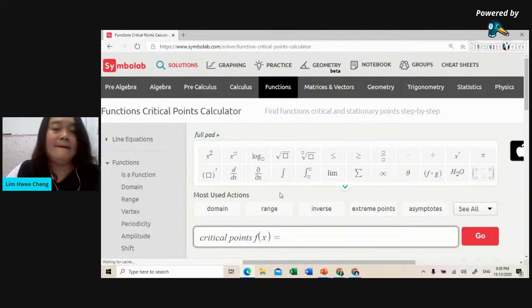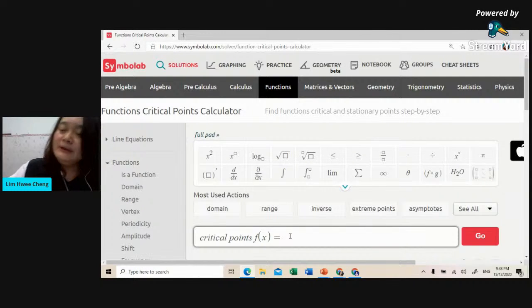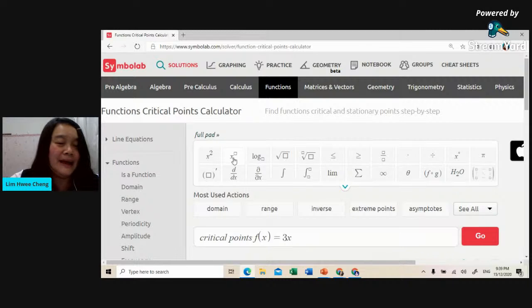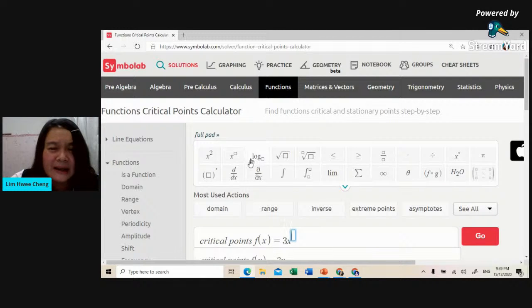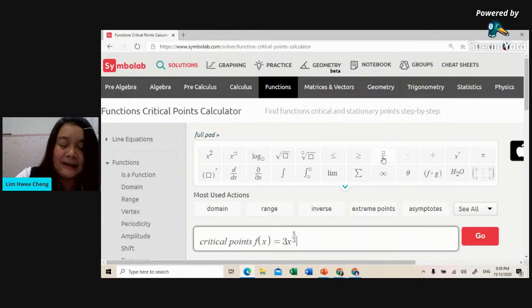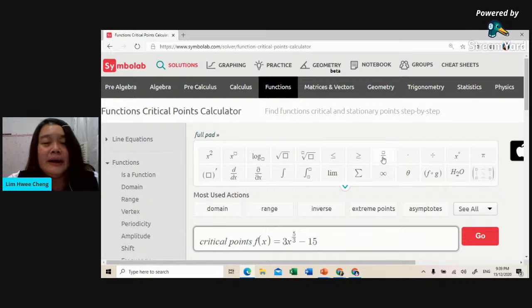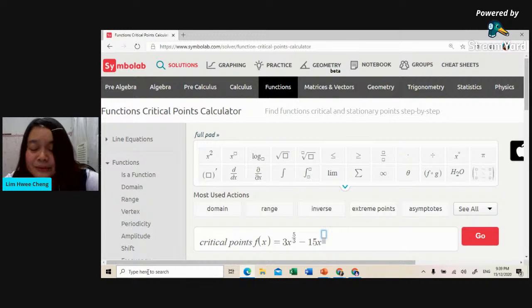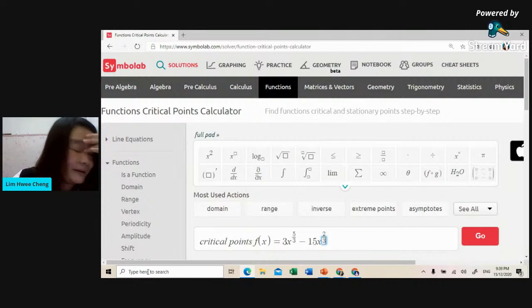Where is the function from earlier? Your function is 3x to the power of 5/3, so you find the template with a fraction, 5/3. Minus 15, then x to the power of 2/3. Is my function correct? Correct.